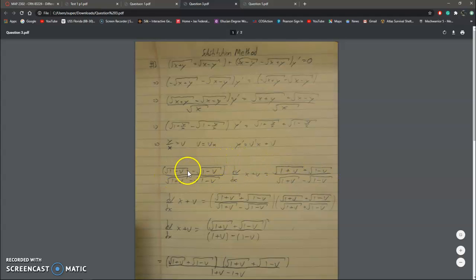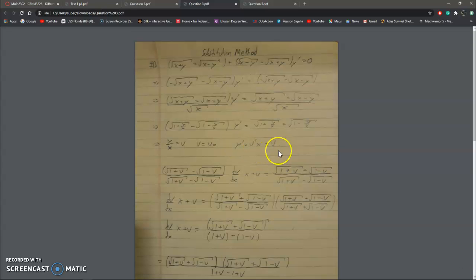So it's 1 plus v minus 1 minus v divided by 1 plus v minus 1 minus v, all square rooted, times dv times dx times x plus v, which, when you do the things for y prime and v prime, that's what you get.